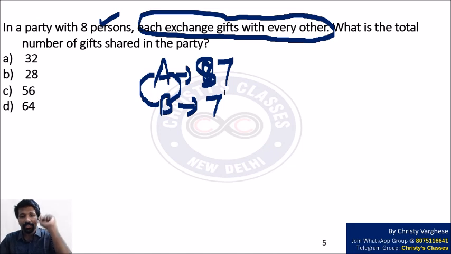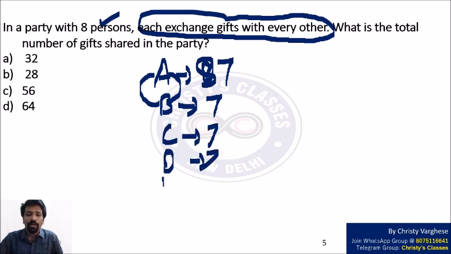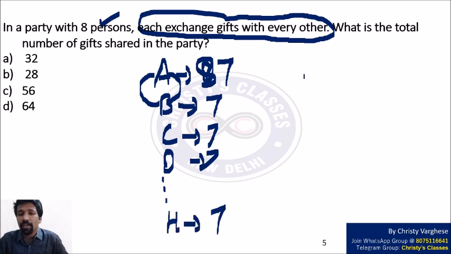Order matters. When order matters, you can use permutation. But as I told, even if you don't understand permutation, logically you can do it like this. A 7, B 7, C 7, D 7, all of them are 7. So once you understand that 8 people giving 7 gifts each means 8 into 7, 56 is the answer.